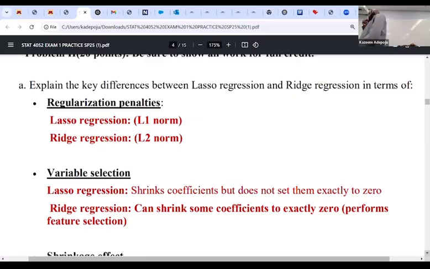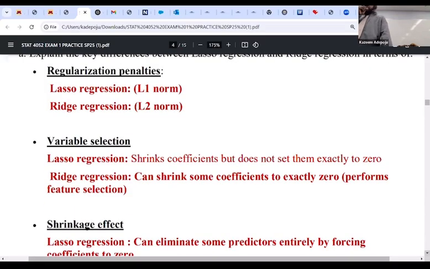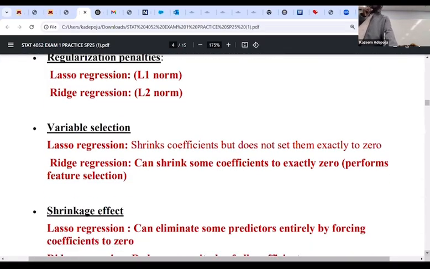Can you distinguish between ridge and lasso regression in terms of regularization penalties, in terms of variable selection, in terms of shrinkage effects? Okay, of course, one uses L1, the other one uses L2 penalty.